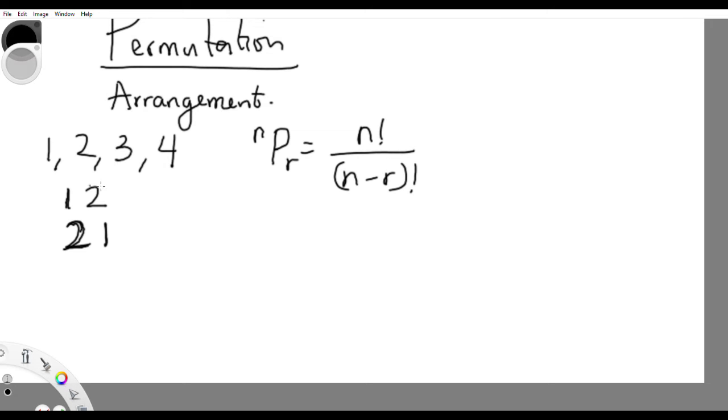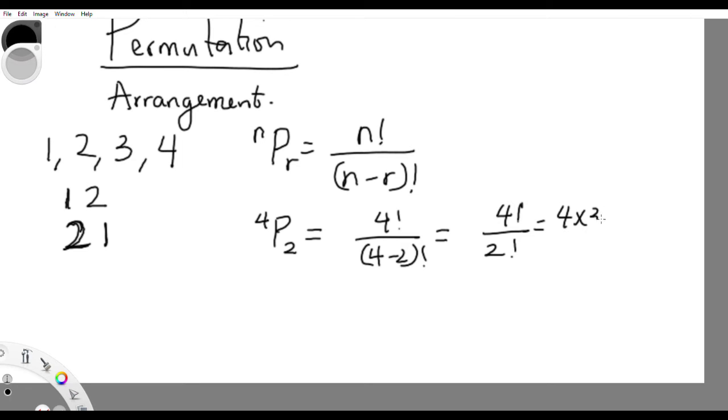So for example, how many ways can you form two digits out of 1, 2, 3, 4? That's 4 permutation 2. 4 factorial over 4 minus 2 factorial, which is 4 factorial over 2 factorial, and that's 4 times 3 times 2 factorial over 2 factorial.